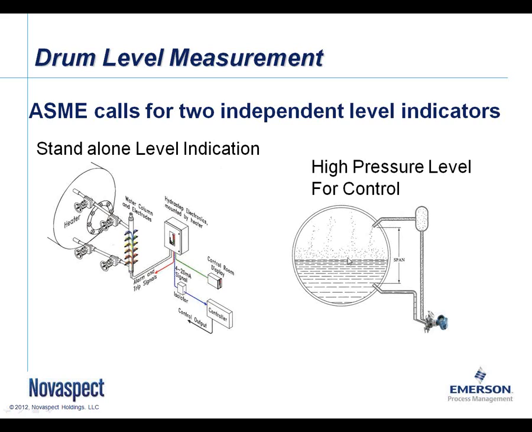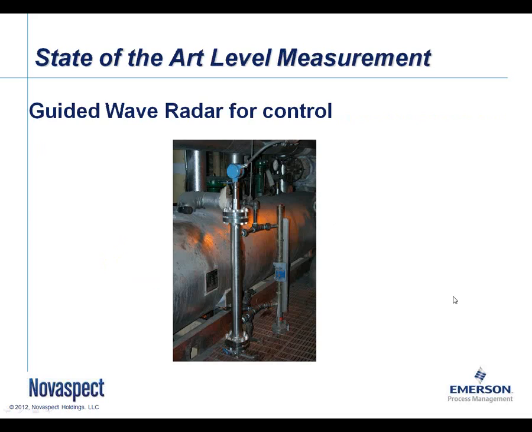So the issue you'll typically have as you get into higher and higher pressure applications, this level measurement will read in error when compared to this type up until you hit close to normal operating pressure. In some applications, what we're seeing today is the use of the guided wave radar. Now this is limited. This would be used in place of the differential pressure solution, but this is limited to steam temperatures that are within the range of what this device can handle.